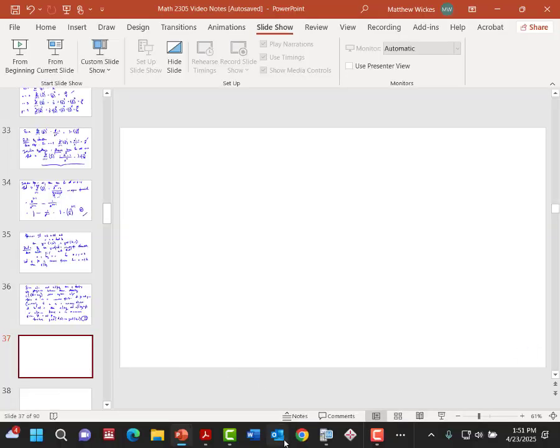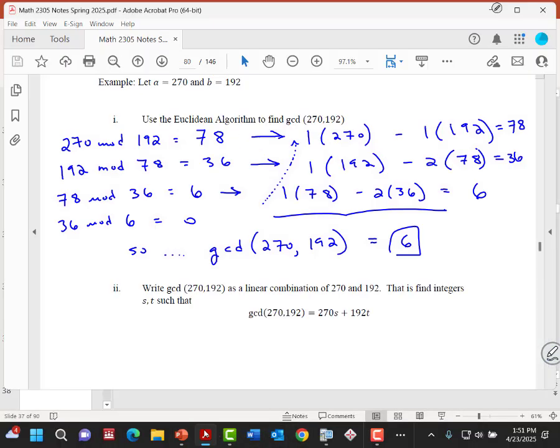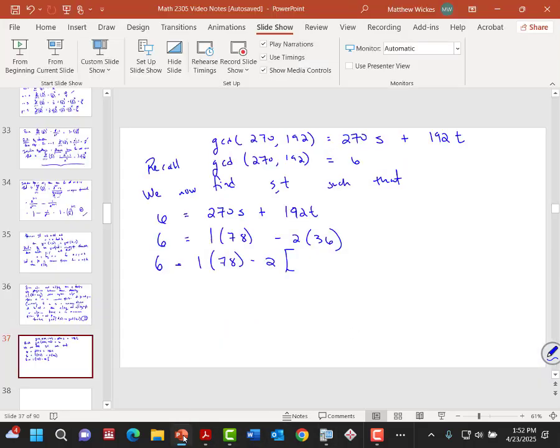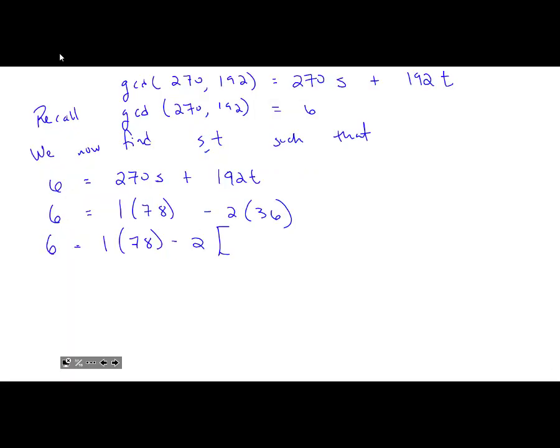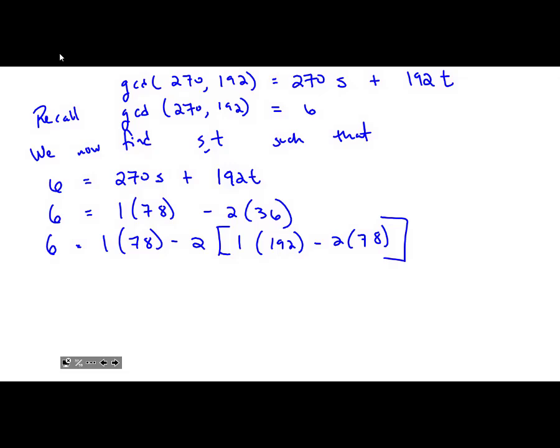Well, what was my linear combination for 36? 36 was this 1 times 192 minus 2 times 78. So 1 times 192 minus 2 times 78.